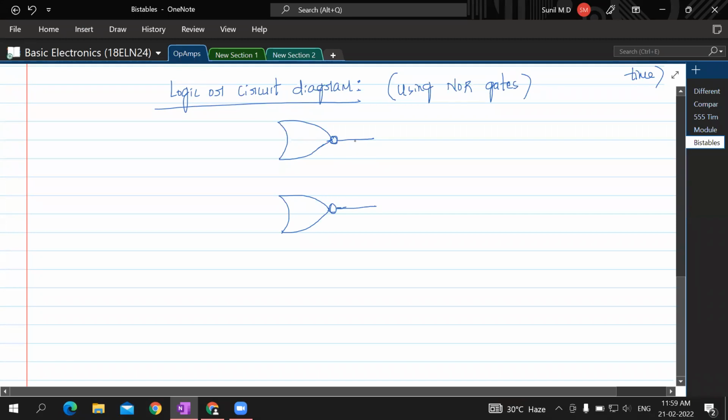The output of one NOR gate should come to the input of the second NOR gate. And the output of the second NOR gate should come as the input to the first NOR gate. Is this understood, everybody?